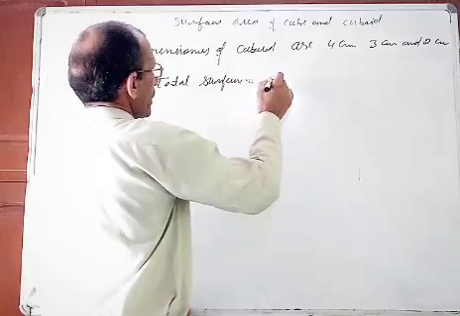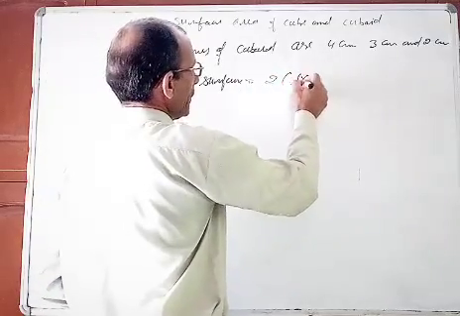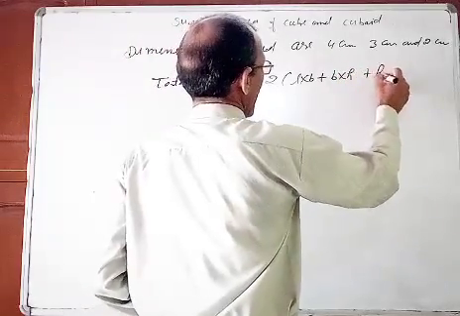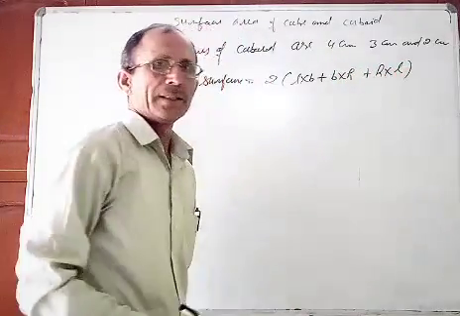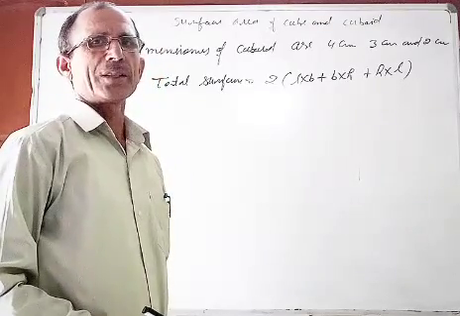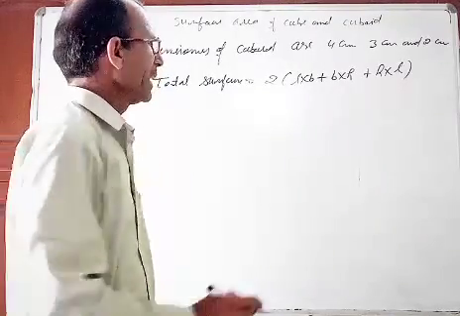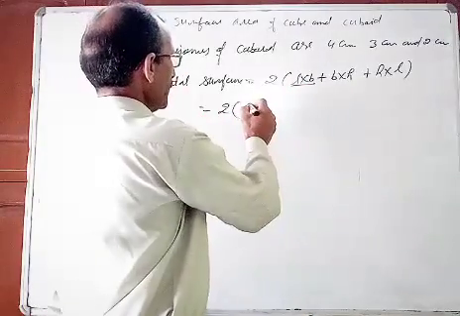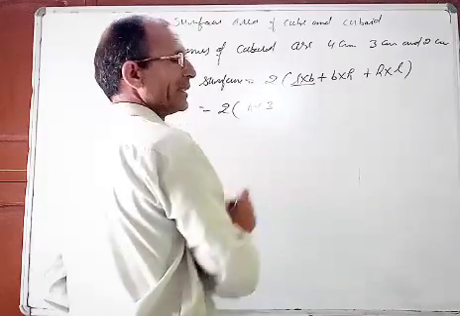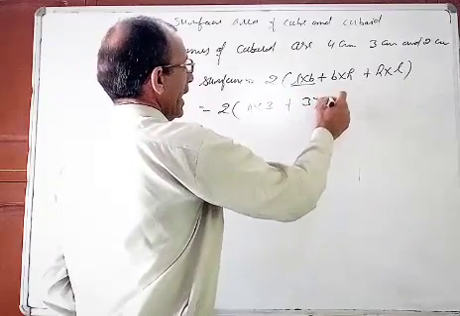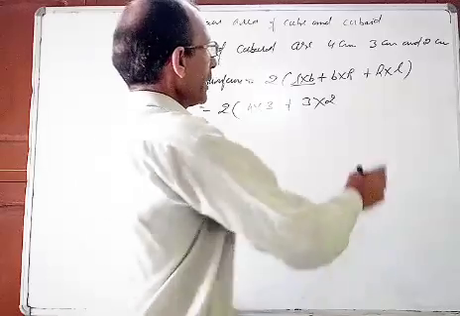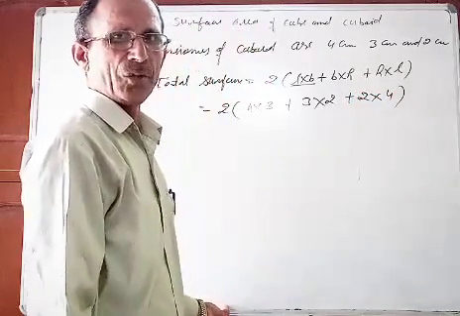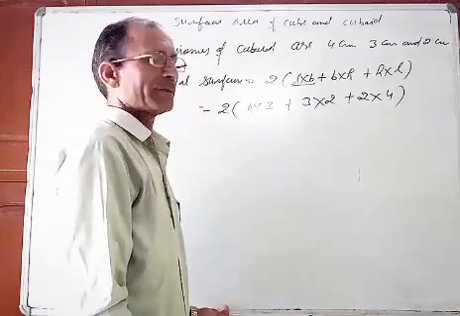You know the formula: 2 into (length multiplied by breadth plus breadth multiplied by height plus height multiplied by length). This is the formula for finding the total surface area of a cuboid. So 2 into (length is 4 and breadth is 3, plus breadth is 3 and height is 2, plus height is 2 and length is 4). Any doubt, any confusion?